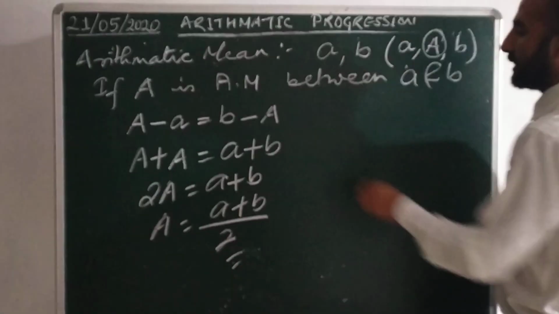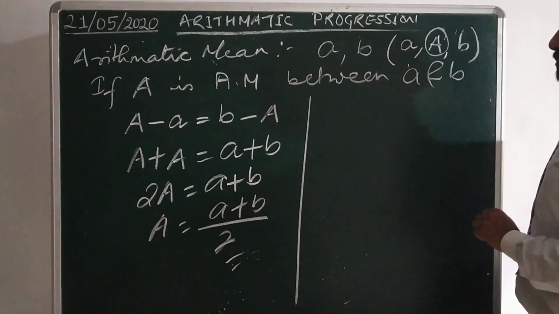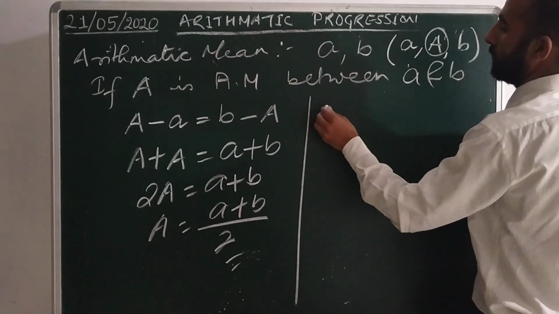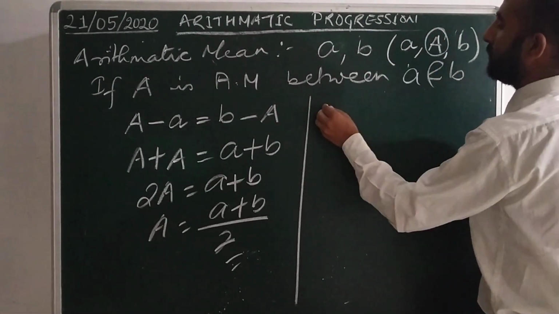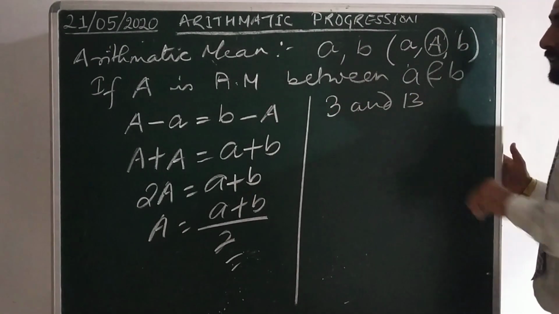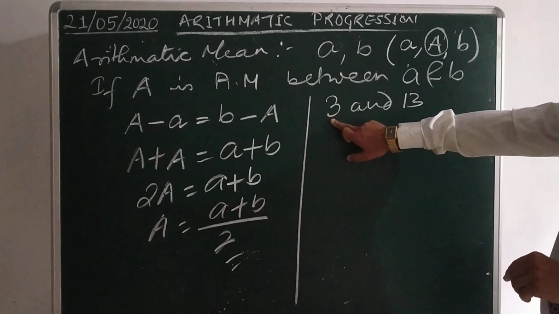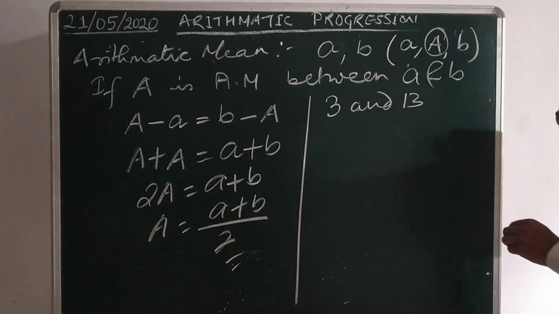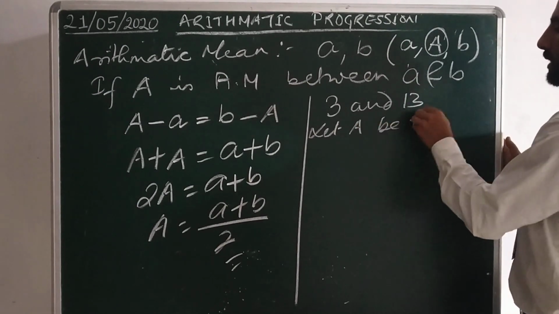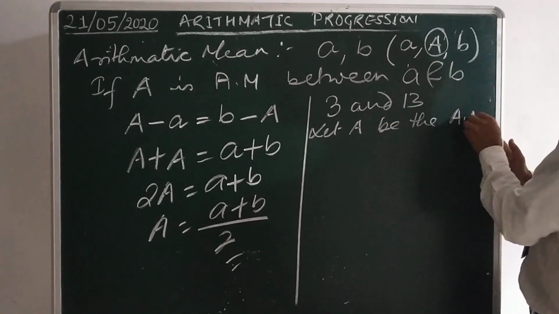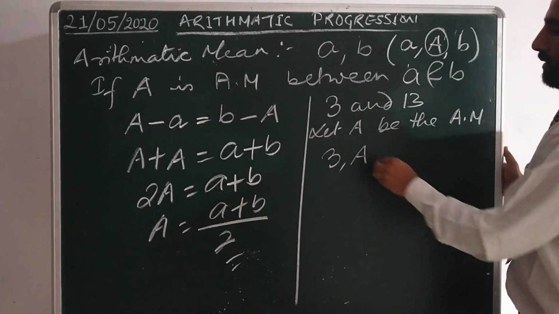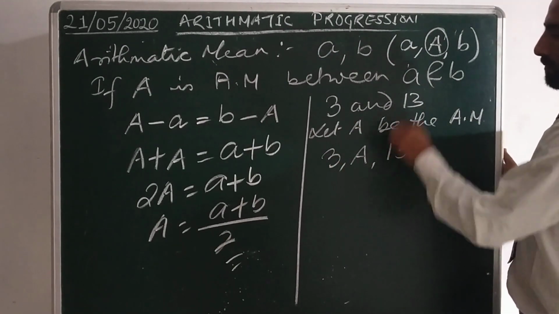Okay, lastly I'll give you one example before I conclude this video. Okay, let's find out the arithmetic mean between 3 and 13. Compare it with a and b out here. Let A be the arithmetic mean. Then you can write 3, A and 13.